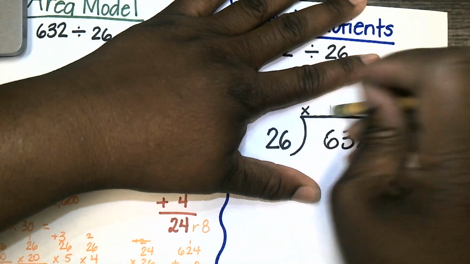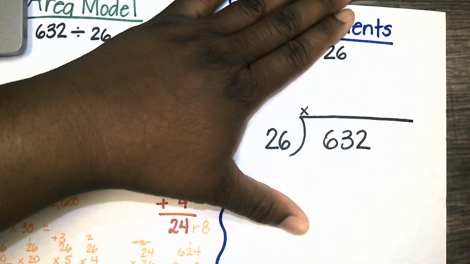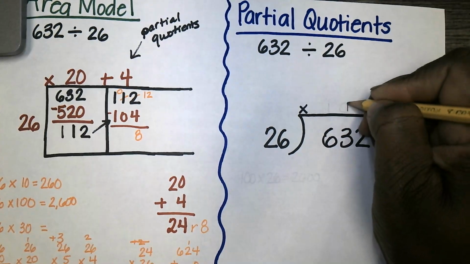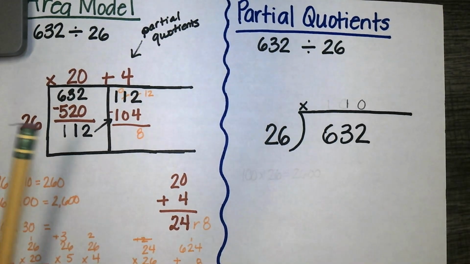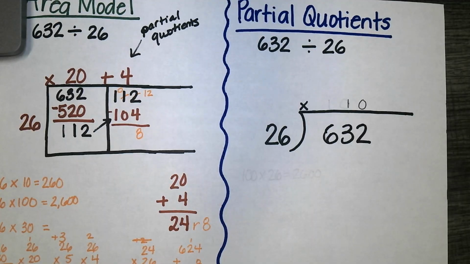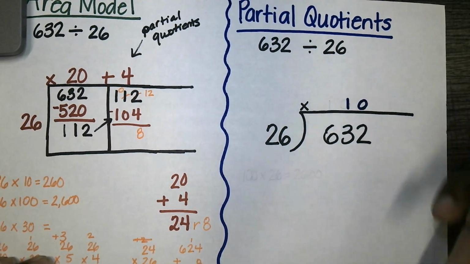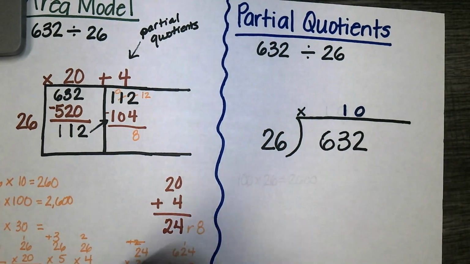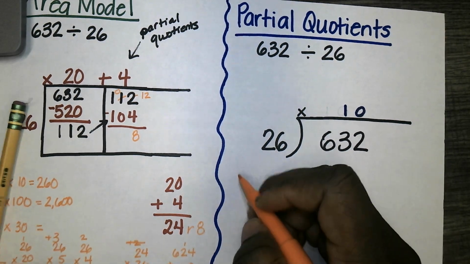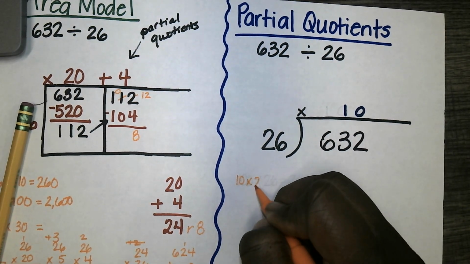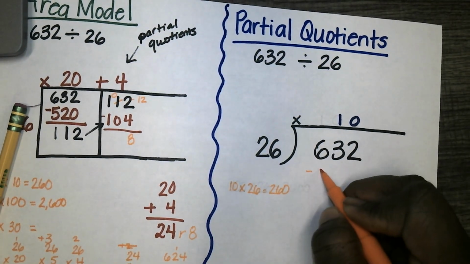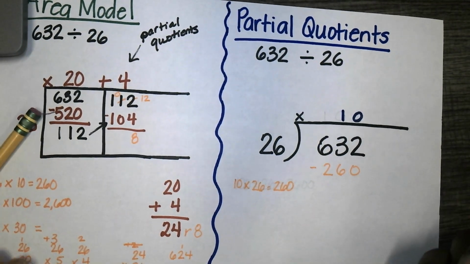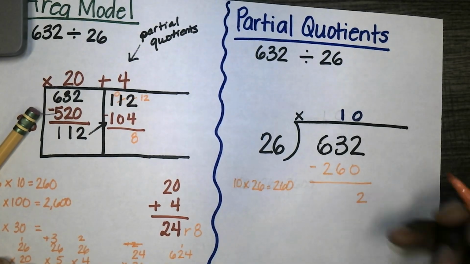So we need to shift and make this 10. And now we have 10 times 26, and that is 260. We've already gotten that. We're going to subtract that from here and keep going.